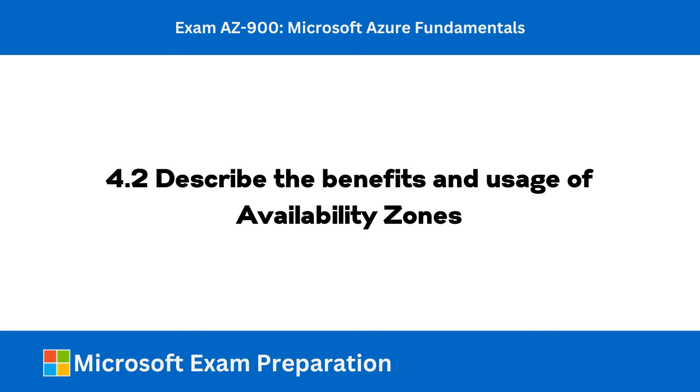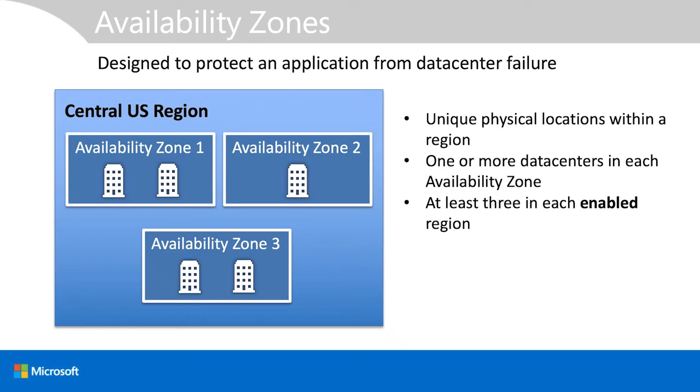To protect your data and applications from a localized problem that might happen at a particular data center, Microsoft created availability zones, and an availability zone is a unique physical location that's within a region, and each availability zone contains one or more data centers.